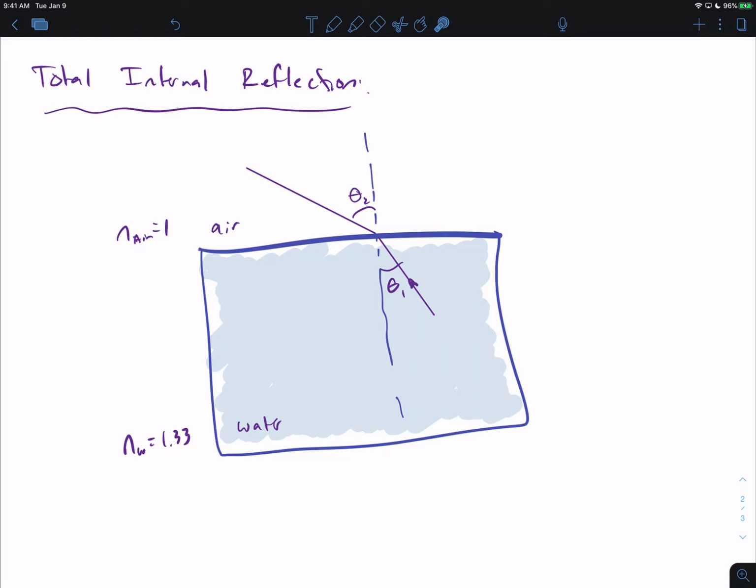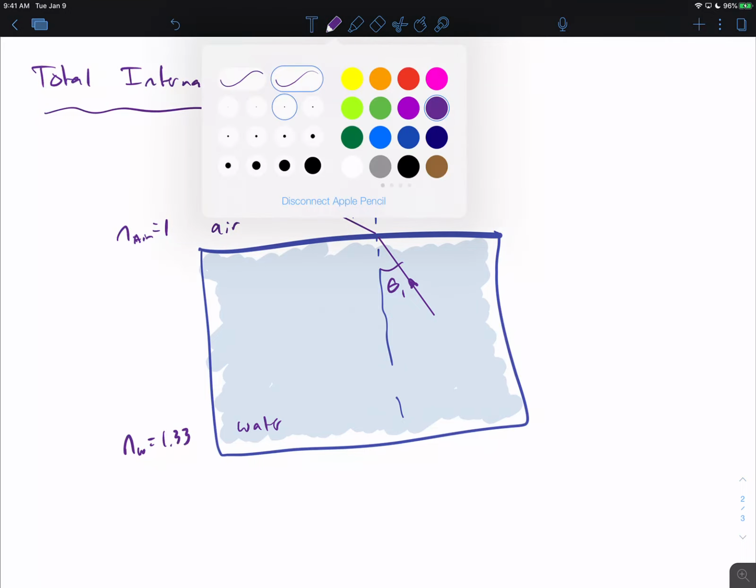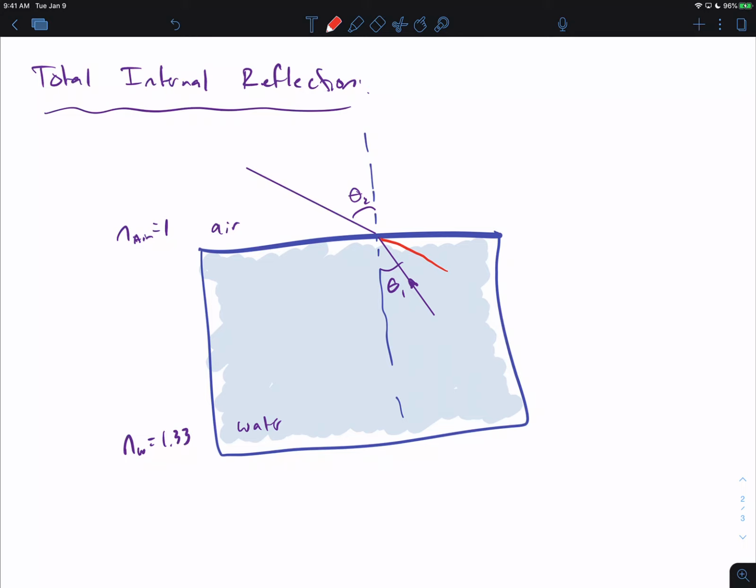Since theta 2 is greater than theta 1, there happens to be a point where, if I come in with some angle, I'm going to call this theta C, this critical angle, theta 2 would have to be more than 90 degrees, and so this will become reflection.